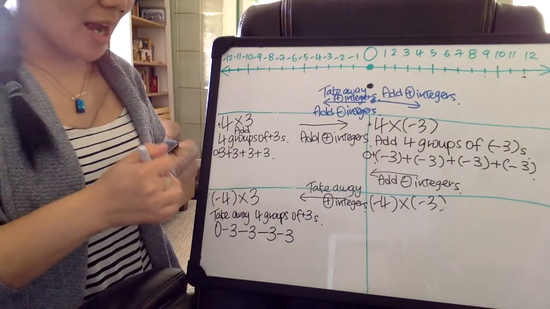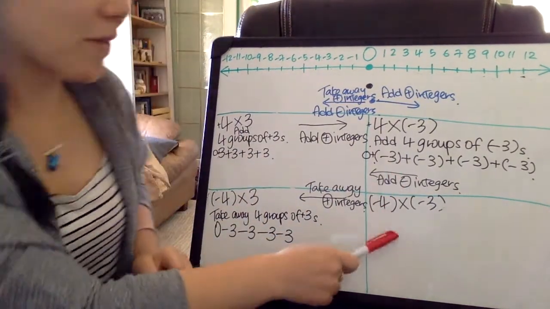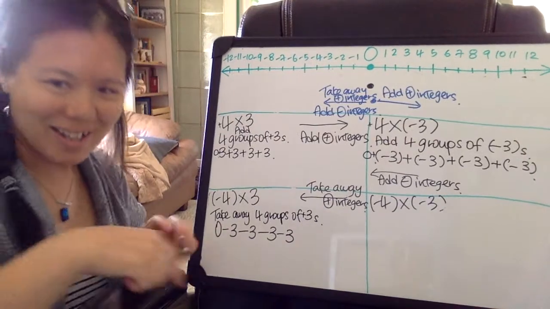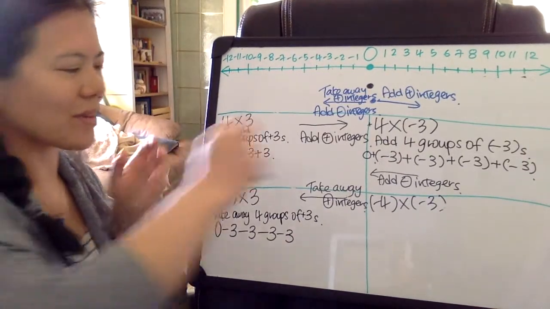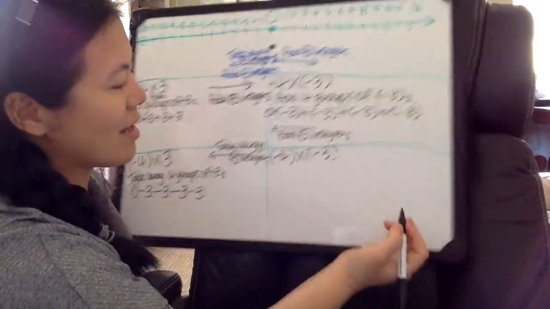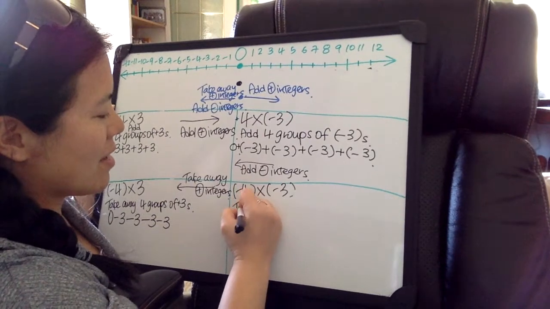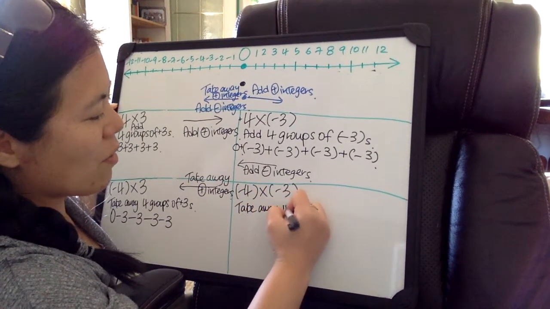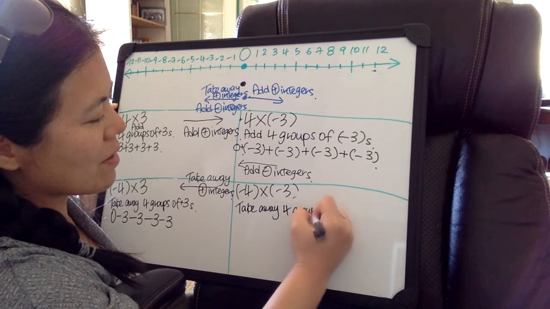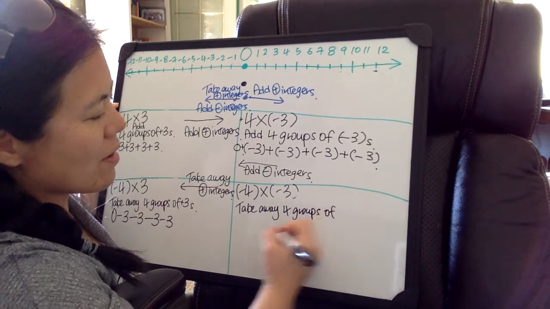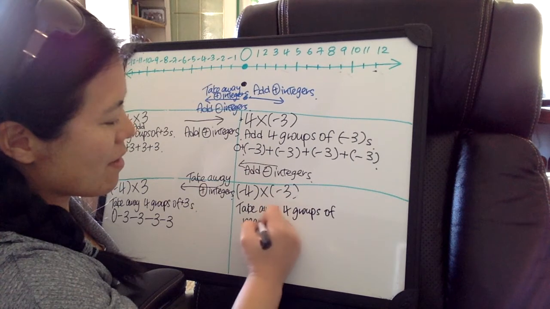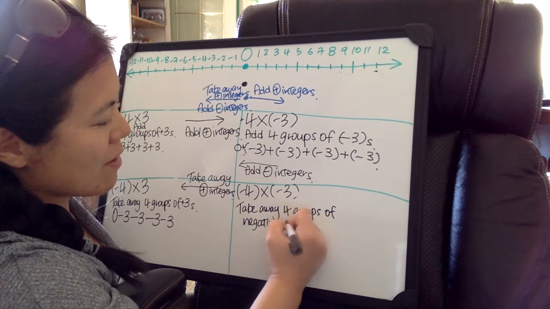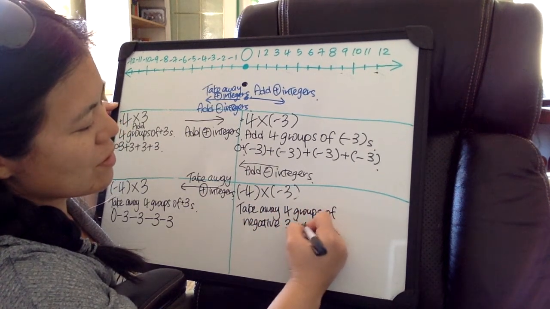Right? And so for this one, let's do it. Okay, so now you are taking away four groups of negative 3 integers.